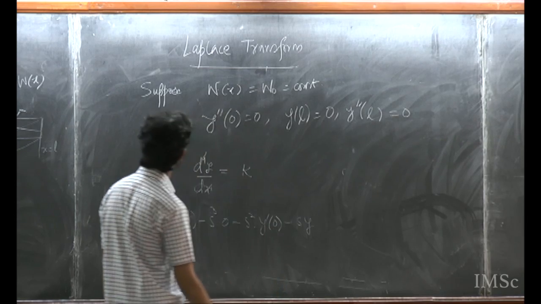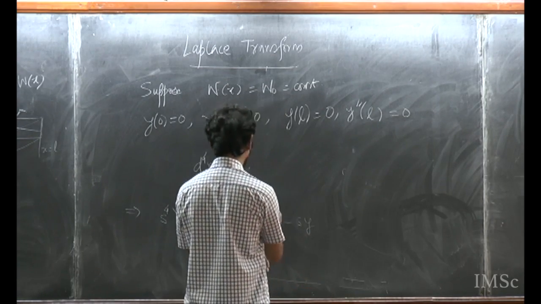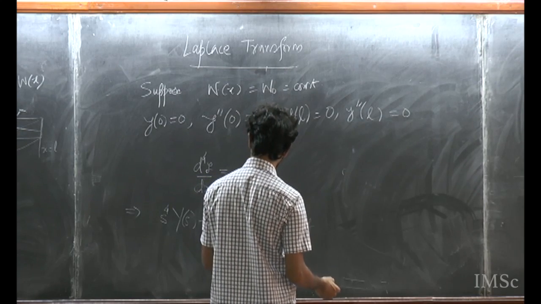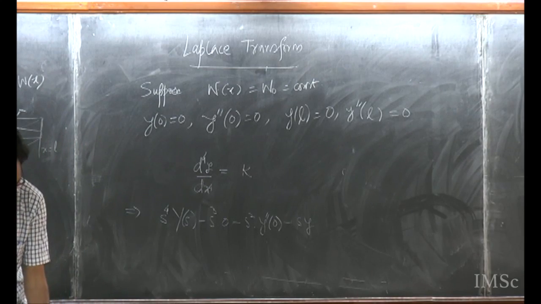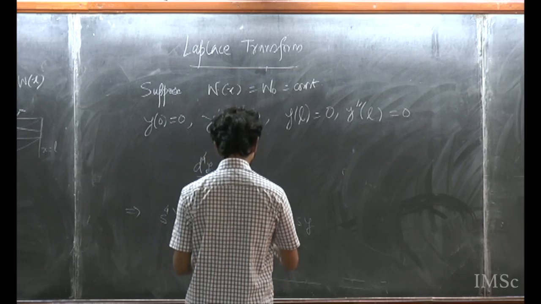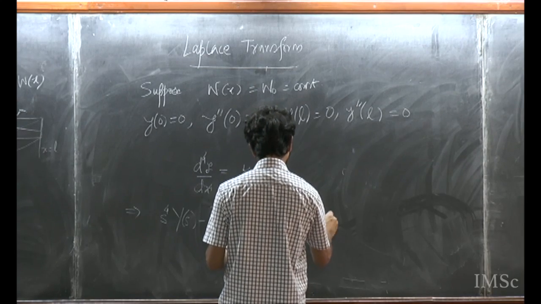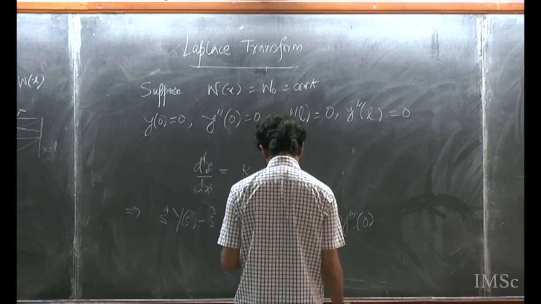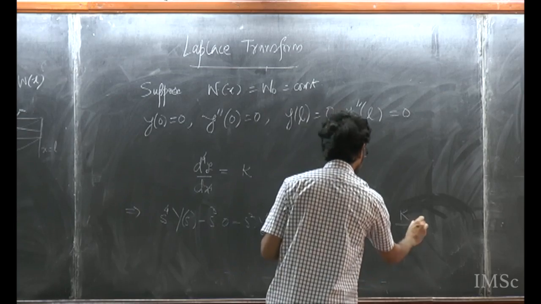So maybe we are missing. Yeah. So this is y double prime actually. Sorry, I made a mistake. So this is y prime. This is s times y double prime 0 minus y triple prime 0. This is k over s.